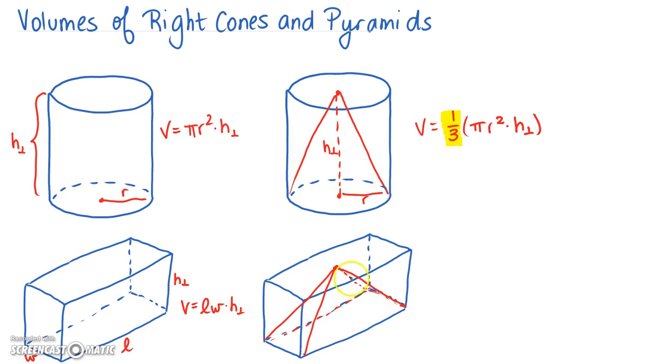So in this case here, it has still, again, the same perpendicular height, same length, same width, and the volume for this one, again, is going to be 1/3 of your length by your width by your perpendicular height. So again, it is 1/3. So the main difference is that you recognize that when we're working with the formulas.